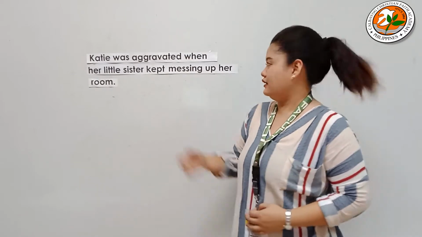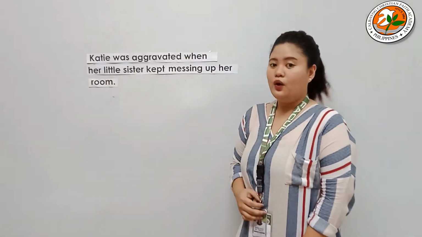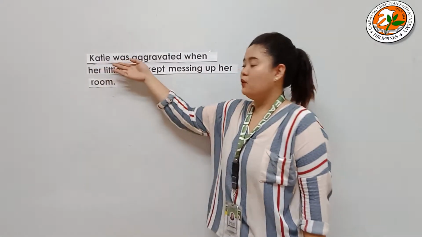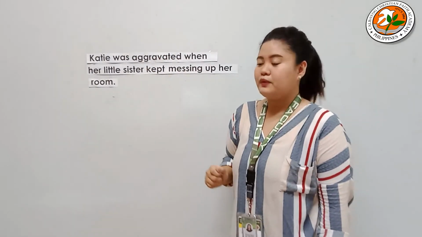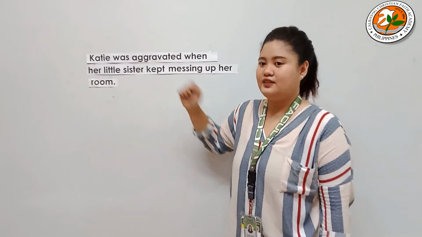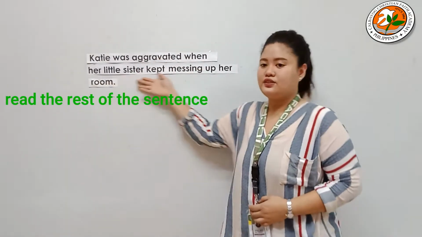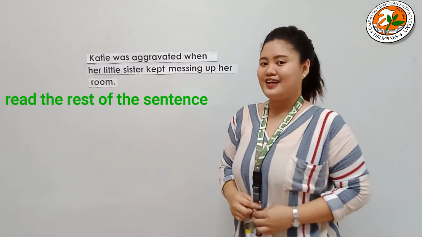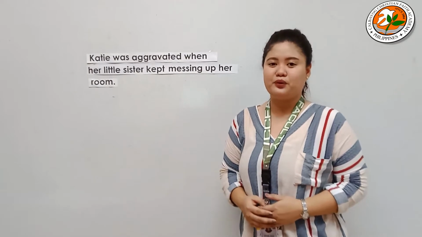Okay, from this sentence, what clues do you see? Well, we know that Katie was something. Let's just say something because we're trying to know what aggravated means. So, we need to read the rest of the sentence to figure it out. When her little sister kept messing up her room.